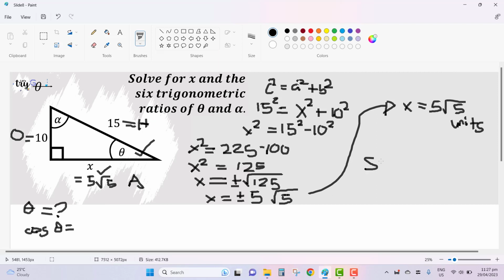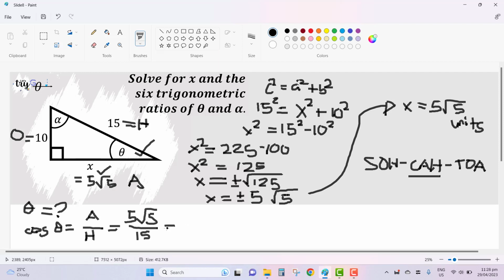By the way, if you have forgotten, we are going to use this mnemonic technique, SOH-CAH-TOA. I just started with cosine, so it corresponds here. Cosine is the ratio of your adjacent side over your hypotenuse. The adjacent side is 5 square root of 5 units, as computed a while ago, over 15.